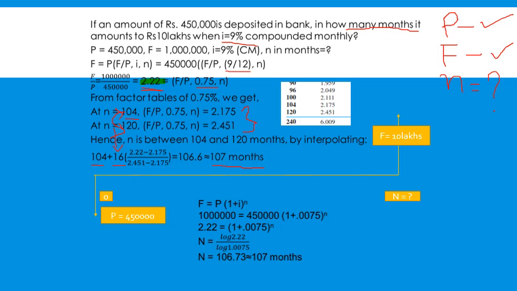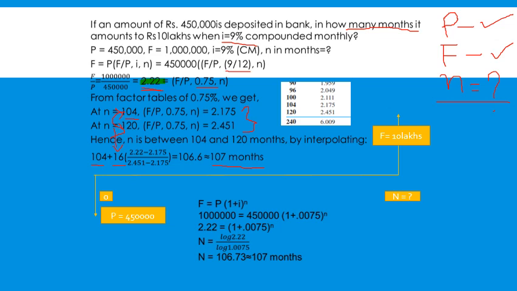I can also use the formula method, which is a bit easier when compared to this factor table method. So I recommend that whenever you need to calculate n or I, you better use the formula method, because that is more convenient than doing the interpolation.